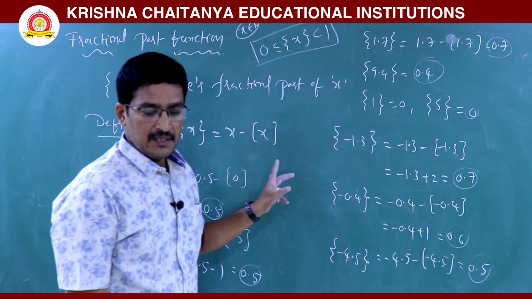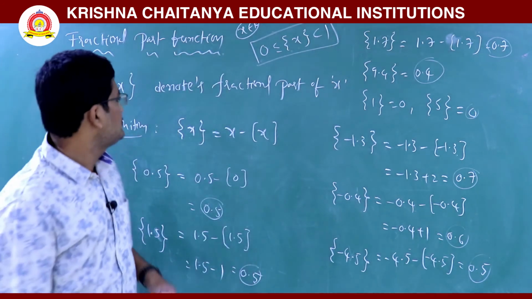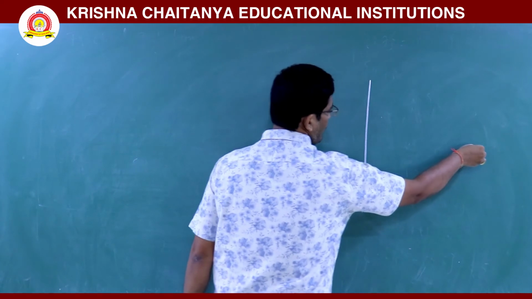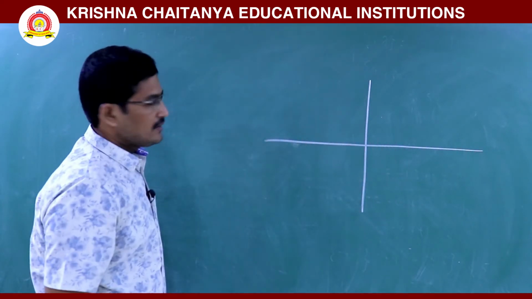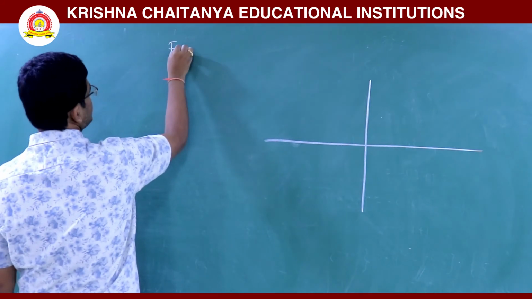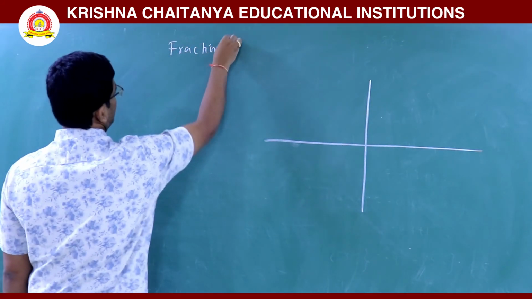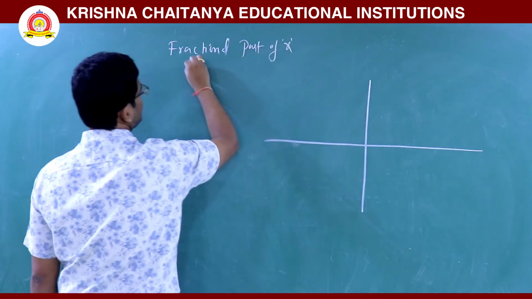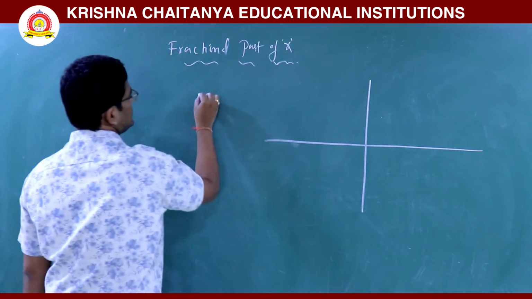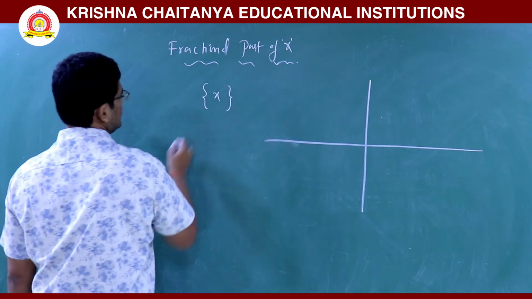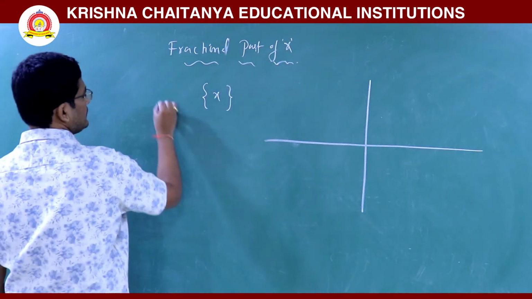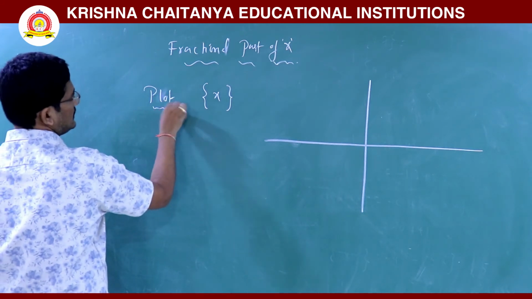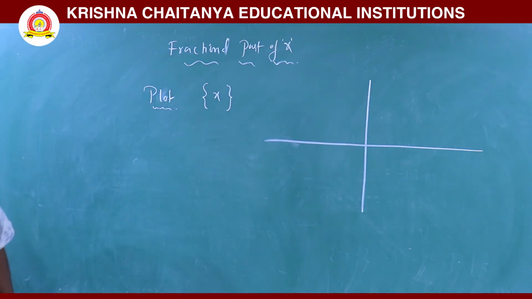Okay, so let me draw the graph for this one. By using these contents, suppose I am taking the coordinate axes like this. Now I am writing the curve, the fractional part of x. Plot the graph of the fractional part of x.